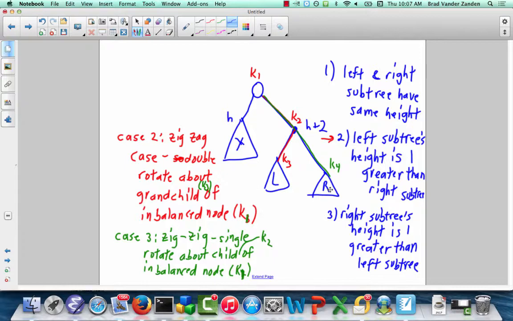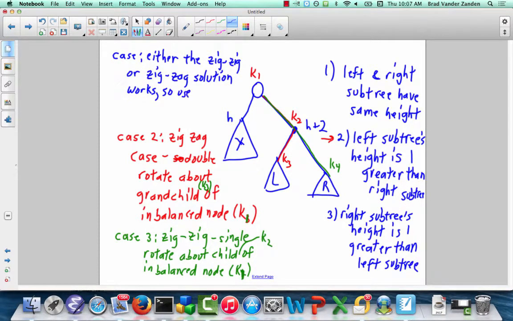Okay, so case 1, either the zig-zig or zigzag solution works. So use the simpler zig-zig solution.